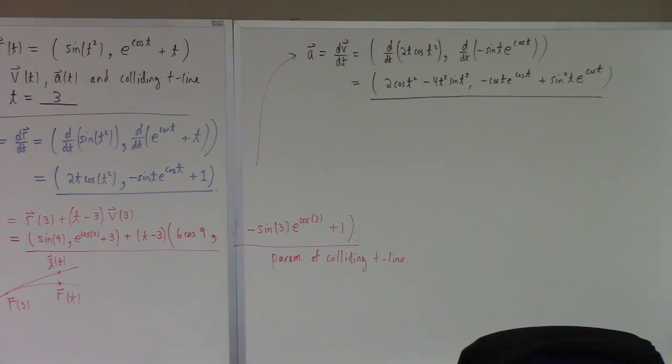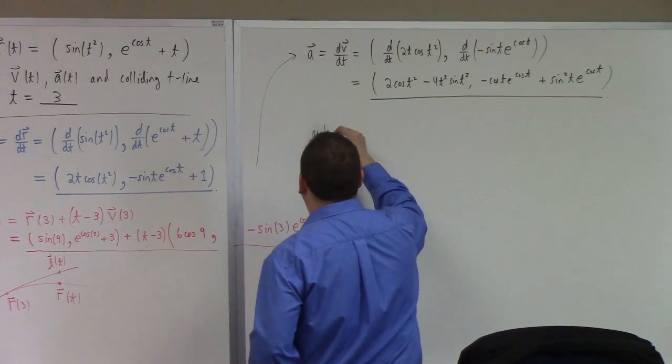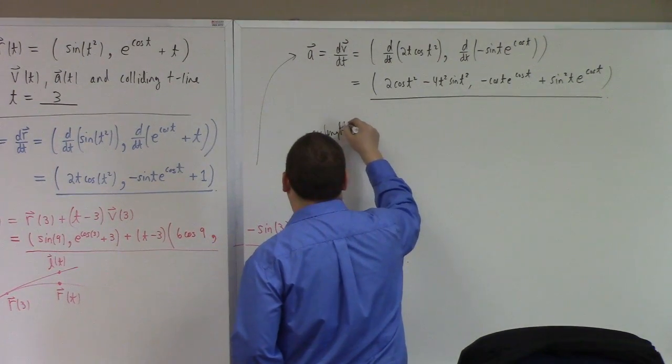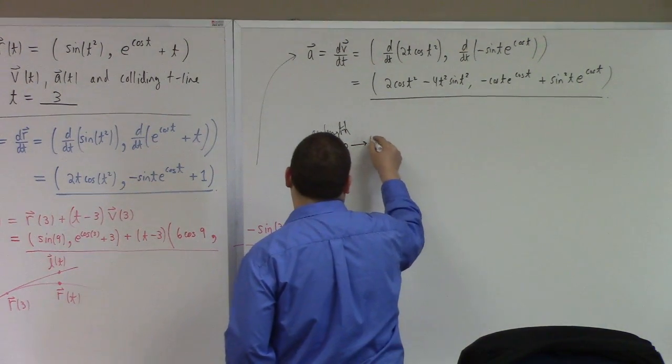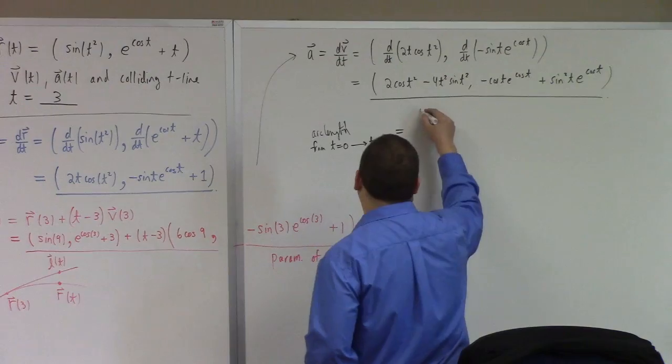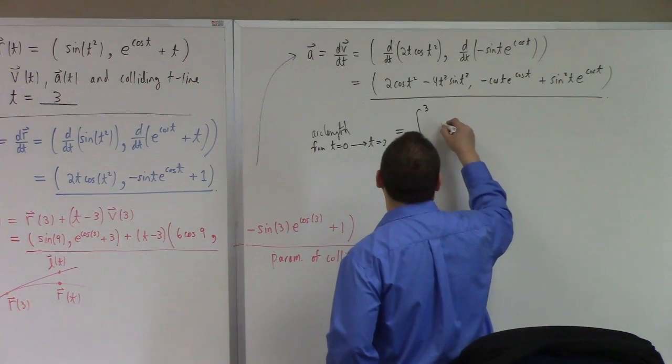What if I wanted to set up the arc length integral? What would I need to do here? If I said, what's the arc length from time 0 to time 3, what would it be? I would integrate from 0 to 3 of the speed, right?